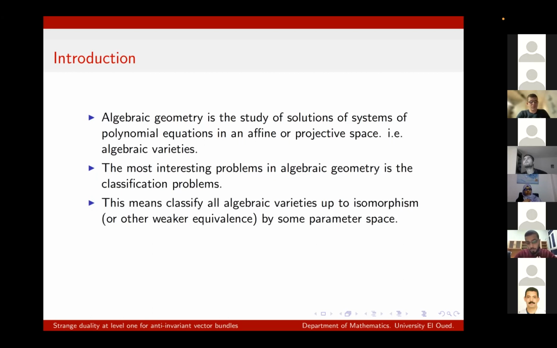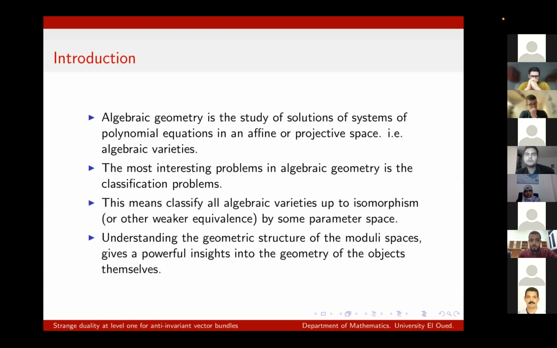So we are looking to find a parameter space, which is again an algebraic variety, with properties that allow us to understand more about the geometry of the structure we are considering. So these are the moduli problems, or moduli spaces.